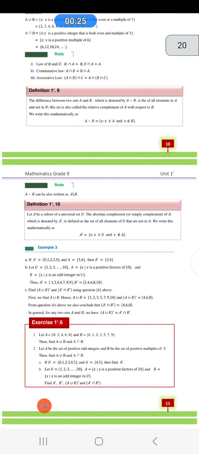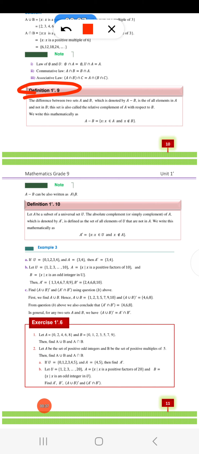Let us see Definition 1.9. Definition 1.9 says the difference between two sets A and B, which is denoted by A difference B, is the set of all elements in A but not in B. This is also called the relative complement of A with respect to B.